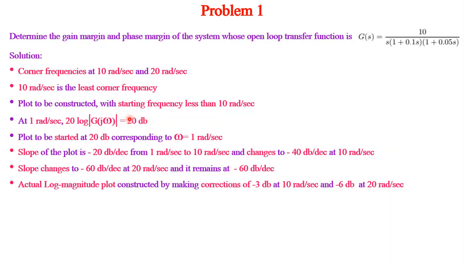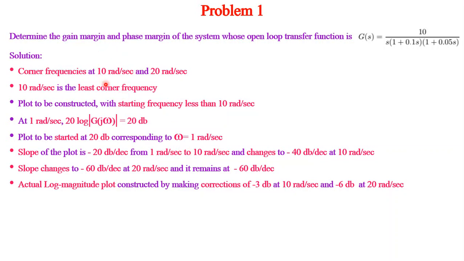When I start the log magnitude plot at 20 dB corresponding to 1 radian per second, the only factors in existence showing appreciable values are 10 by s. These two have not yet started their effect. The 10 has slope 0, and 1 by s has slope minus 20 dB per decade. Therefore, the resultant slope is minus 20 dB per decade from 1 radian per second to the next corner frequency.